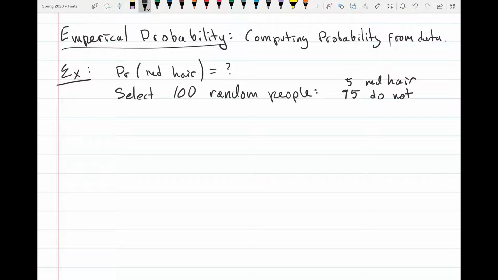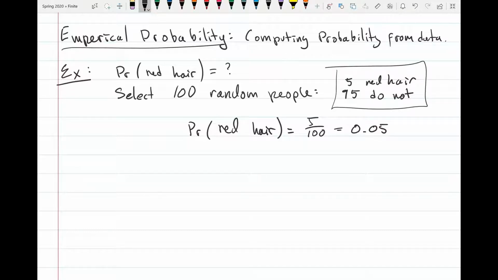So what all that empirical probability means is that you look at our random sample and you use the probability in that sample and just assume it'll apply to everything else. So then we have the probability of red hair equals 5 divided by 100, and this equals 0.05. So we say the empirical probability of having red hair based on this data is 5%.